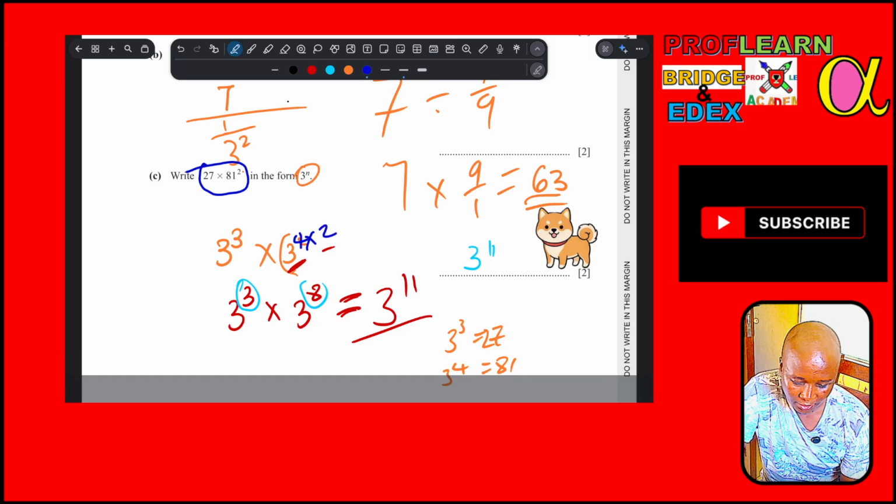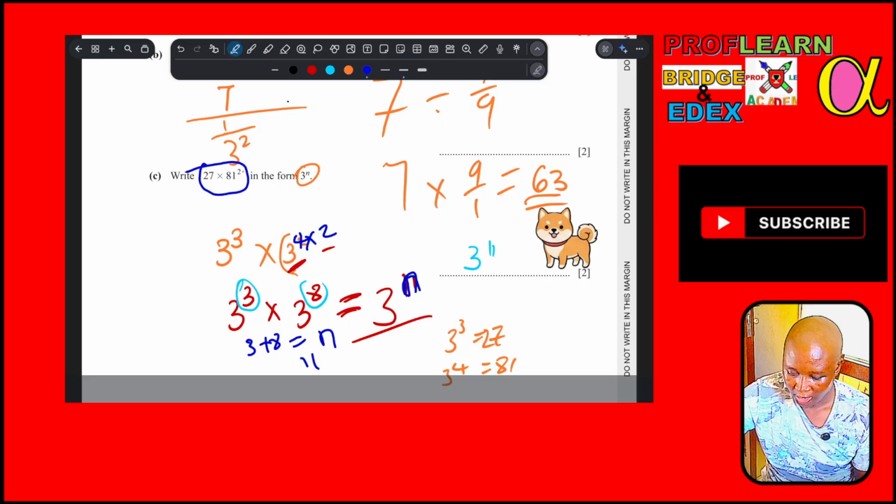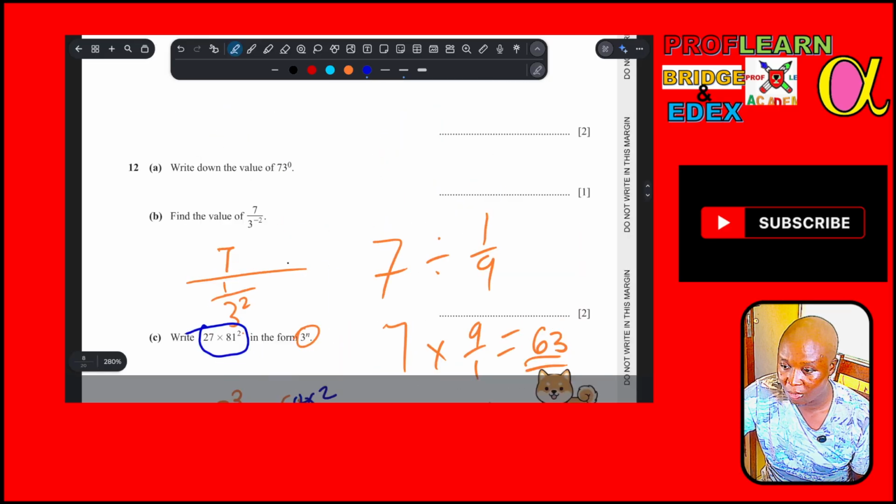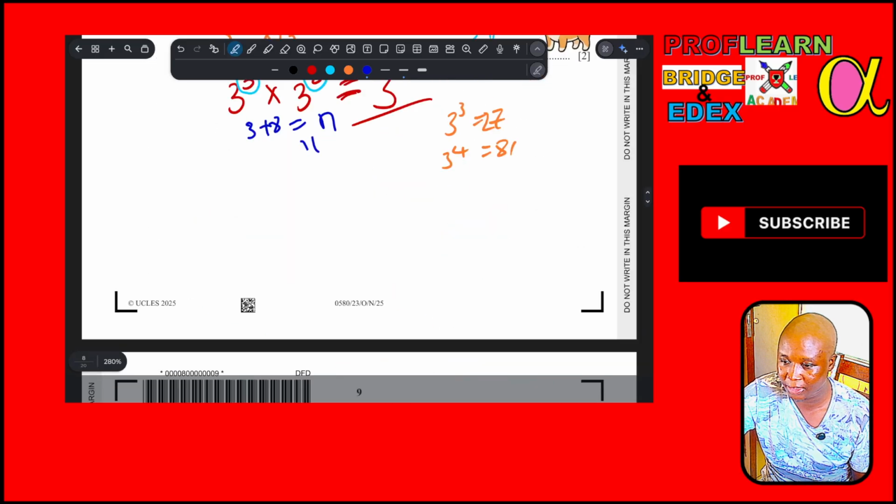So 3 plus 8 is equal to n, which means that our n is going to be 11. Basically, that is what was expected.